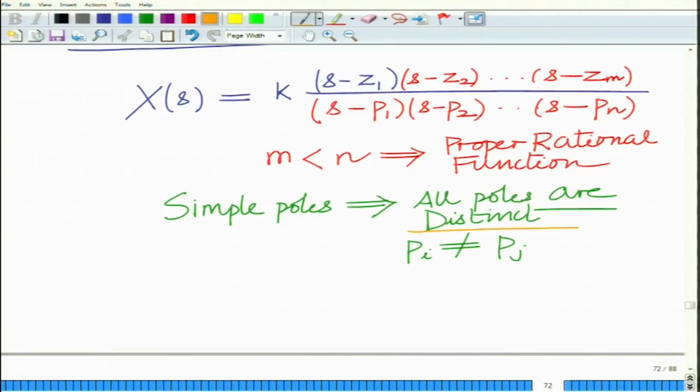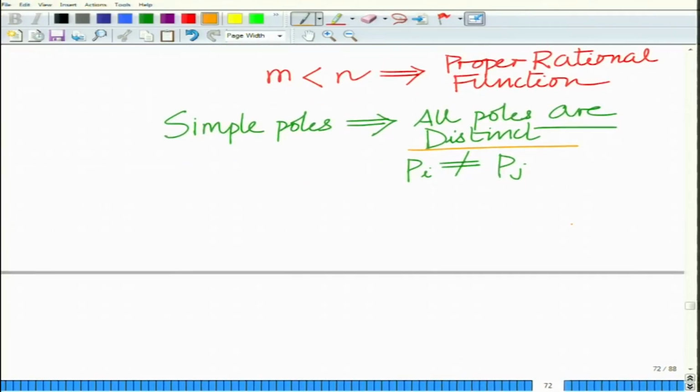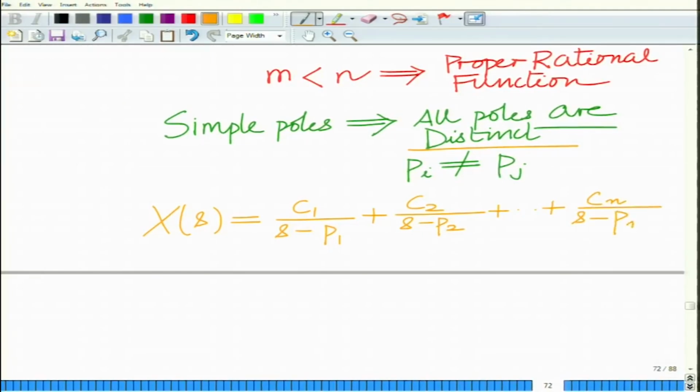For the simple pole case, all poles are simple, which means all poles are distinct, and in that scenario Xs can be expressed as C1 by S minus P1 plus C2 by S minus P2 plus Cn by S minus Pn, where the coefficient Ck is given as S minus Pk times Xs evaluated at S equals Pk.